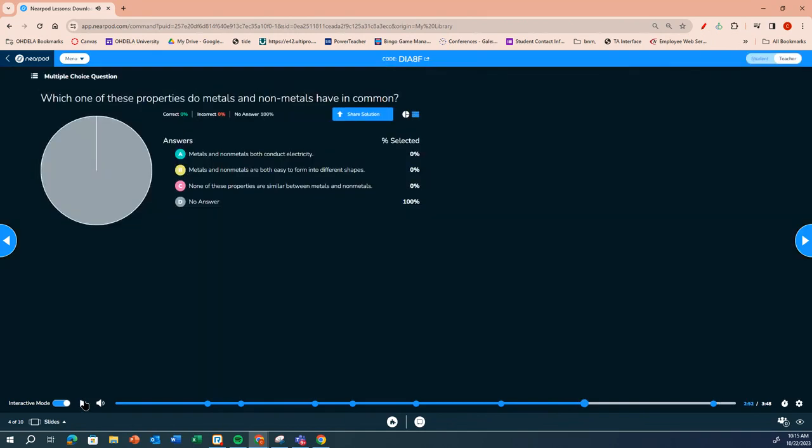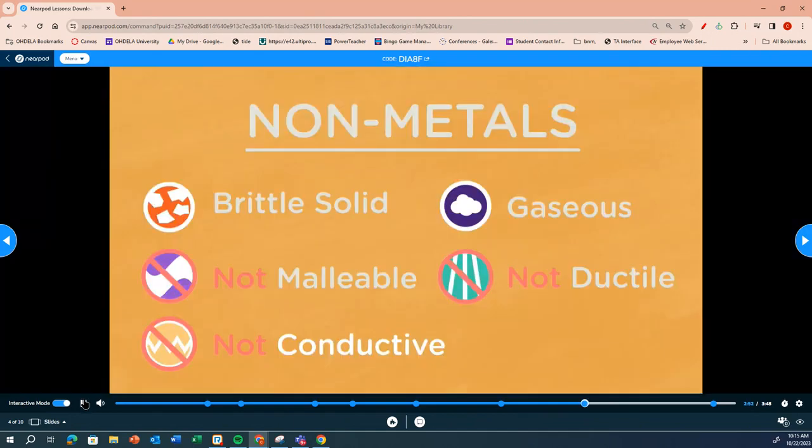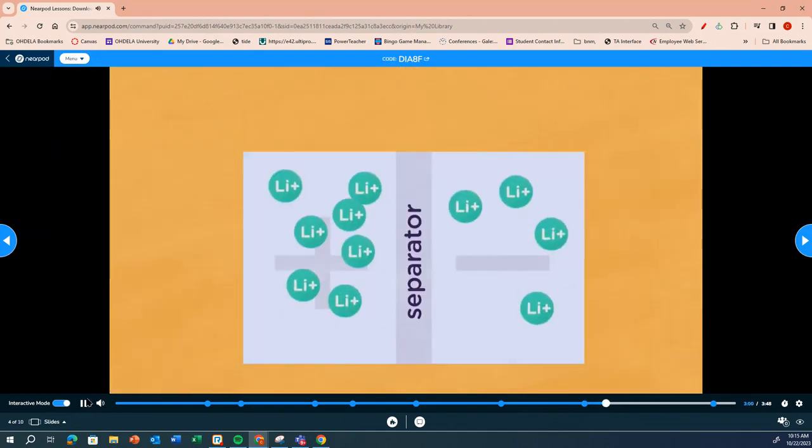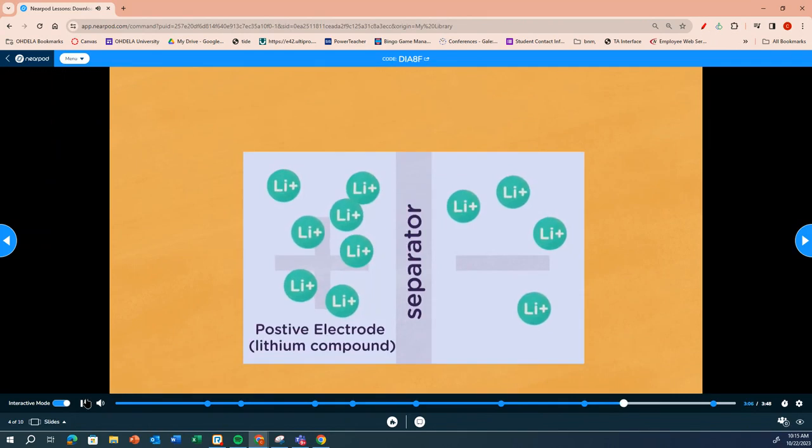All right, which of these properties do metals and nonmetals have in common? None of these properties are similar between metals and nonmetals. Their specific properties are so diverse, they don't have widespread applications like metals. One application is responsible for powering up your phone. In a battery, there's a positive electrode, usually made of a lithium compound, and a negative electrode, usually made of carbon, a nonmetal.